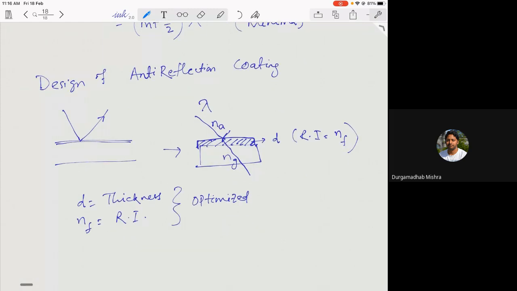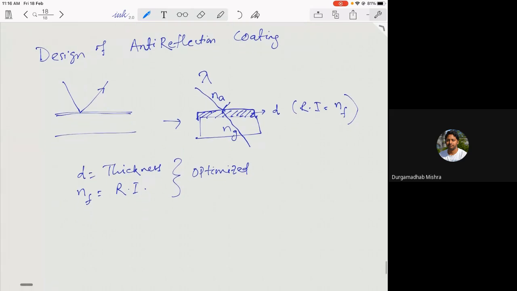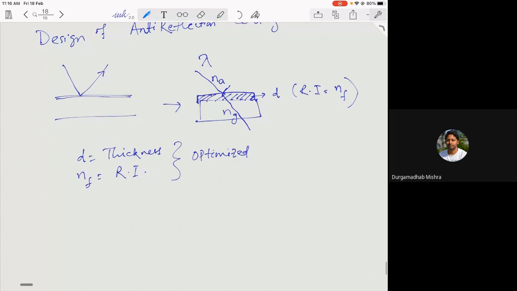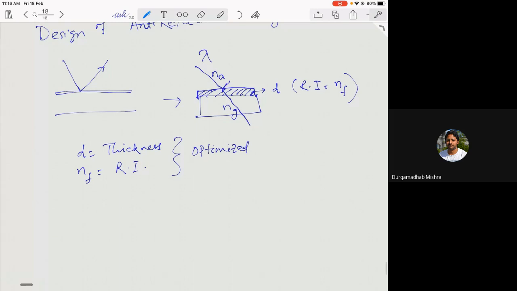So I will first show you a qualitative explanation, and then we will go to the more rigorous part. A general way to understand it is in a qualitative way.